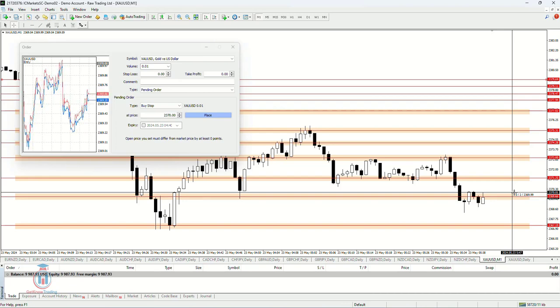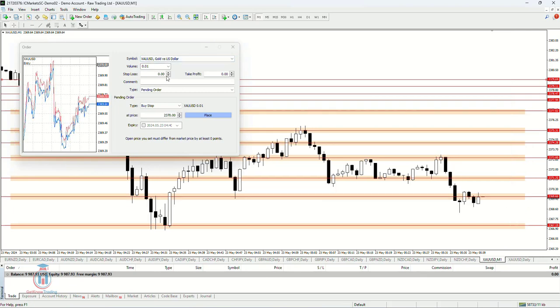If the price goes against you after it reaches and opens this buy stop order, you will lose money, and that means a stop loss should be placed below that price level. For example, let's put it at 2360, which is below the open price.